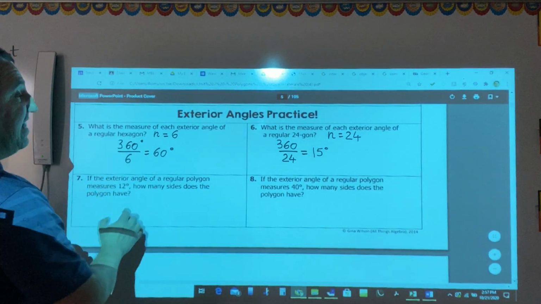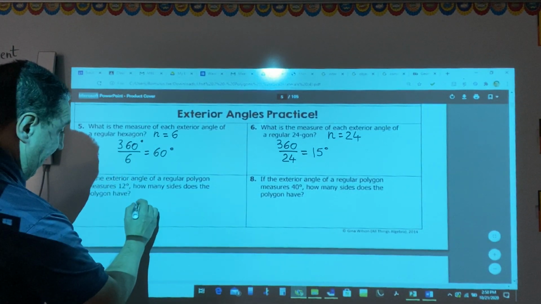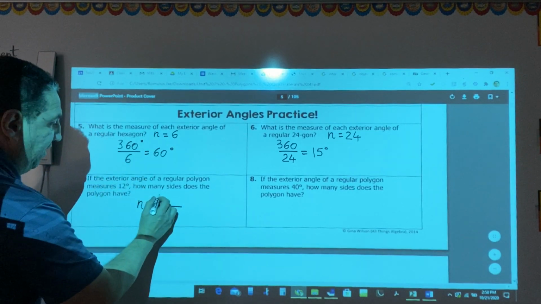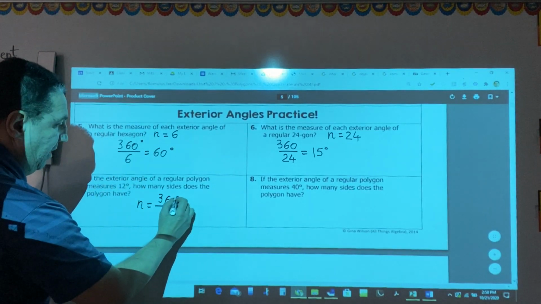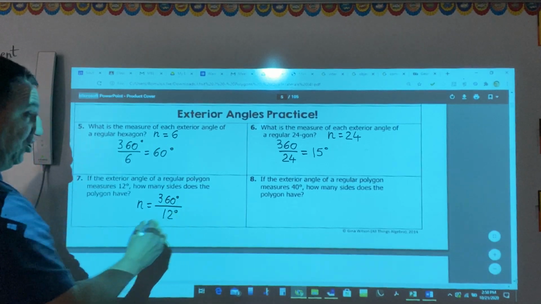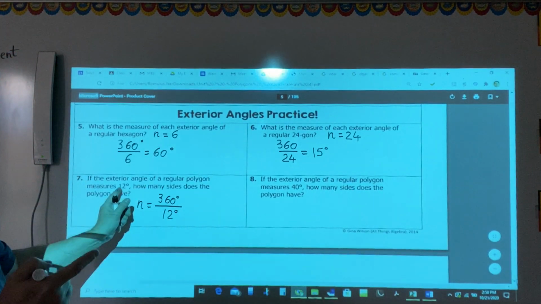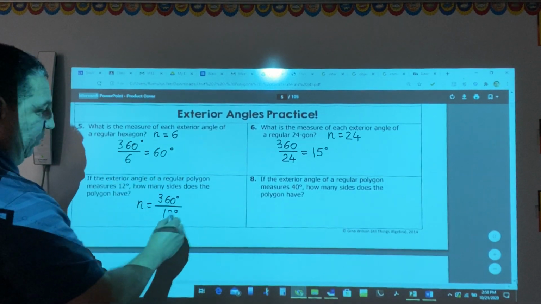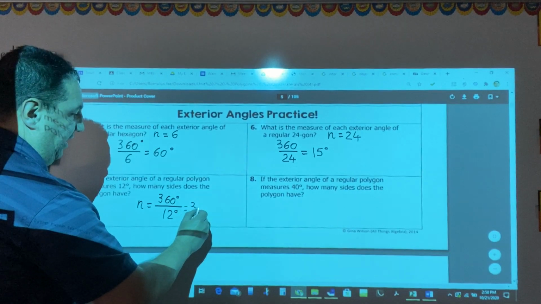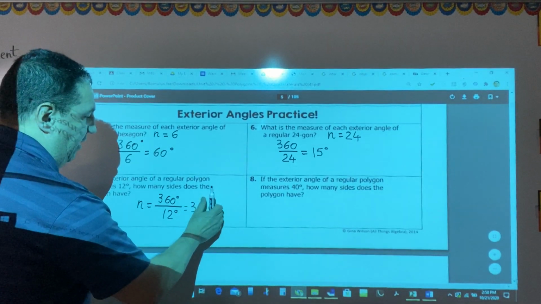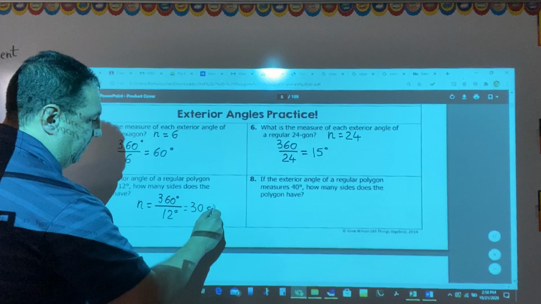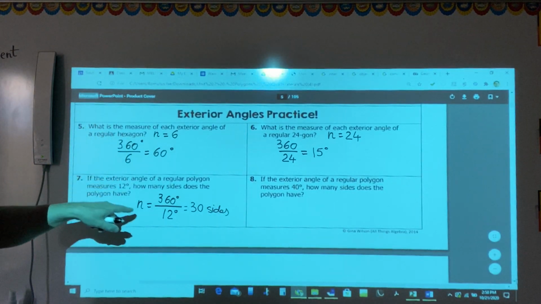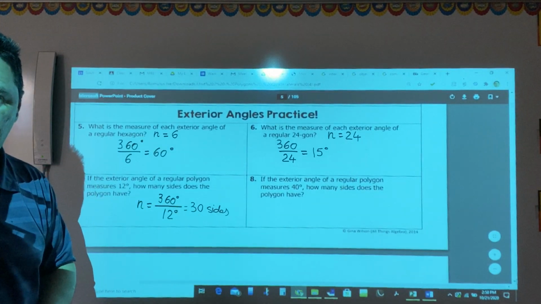Now, to find the number of sides, n, we simply divide 360 degrees by the measure of one exterior angle, which is 12, right? So if you divide 360 by 12, you'll get 30. 30 sides. So this regular polygon will have 30 sides.